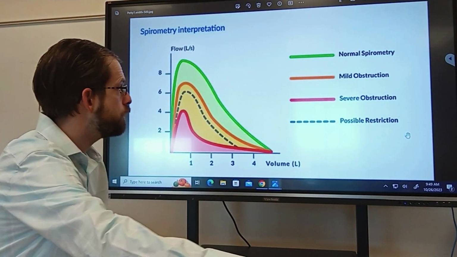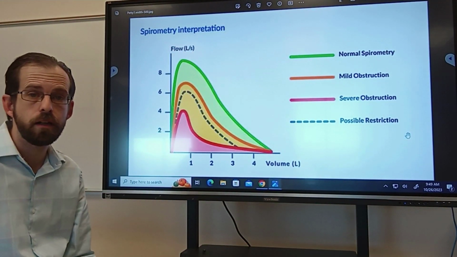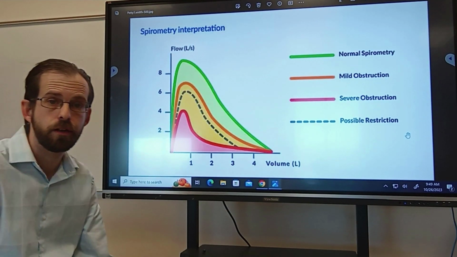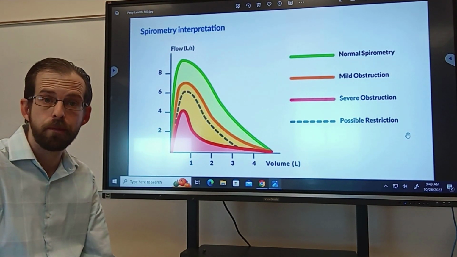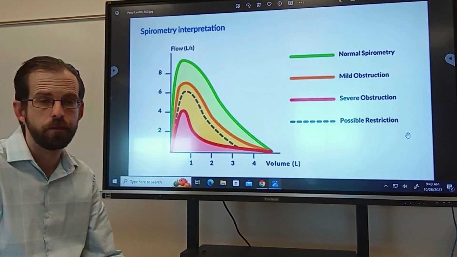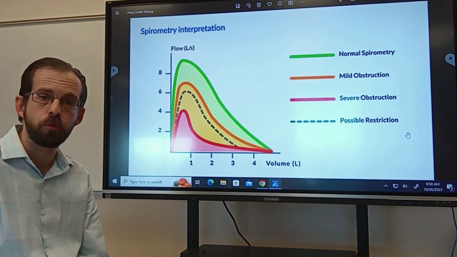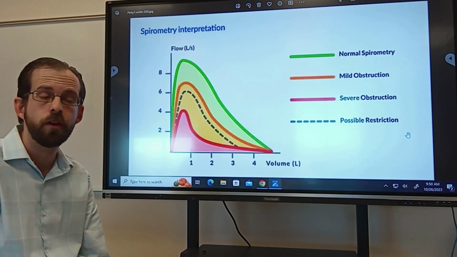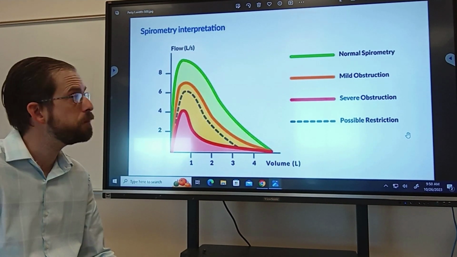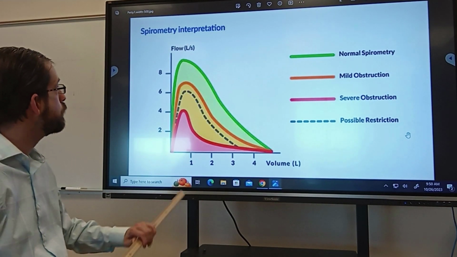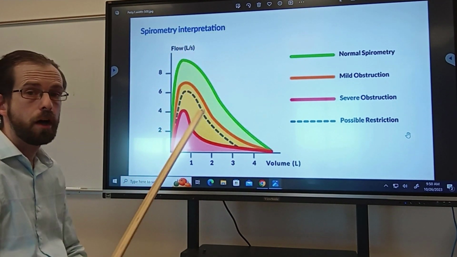All right, so this is actually going to be some data that can be collected in your lab assignment, or at least a variation of it, as you're going to be looking at the respiratory physiology of the lungs utilizing a simulator. But this is actually called a spirometric interpretation.